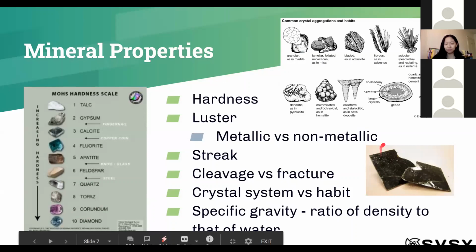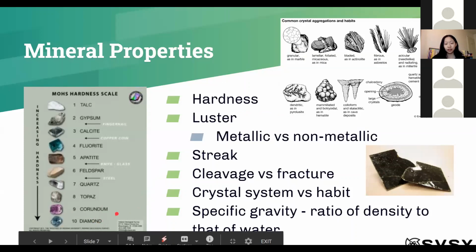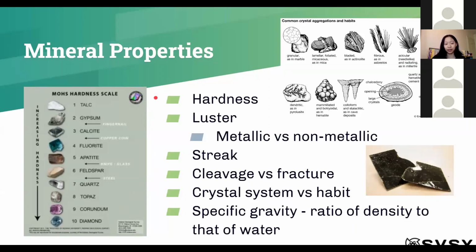And back to diamond, even though diamond is the hardest mineral, it still has cleavage. If you put force on it in a certain way, it will still break. So that's something to note.